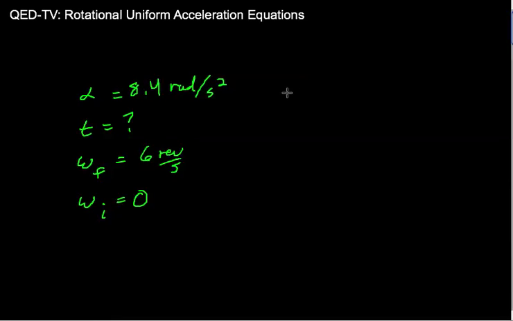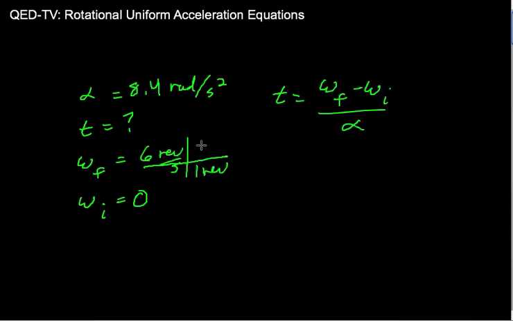We know time is going to be angular velocity final minus angular velocity initial over our angular acceleration. The only problem is here we don't have this in the correct unit. 6 revolutions per second needs to be in radians per second. So 1 revolution is 2 pi.